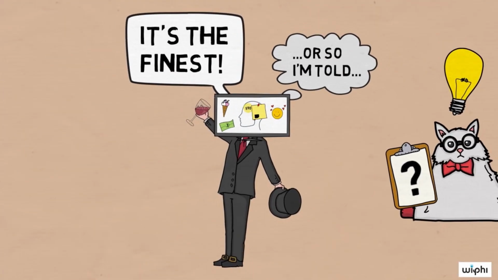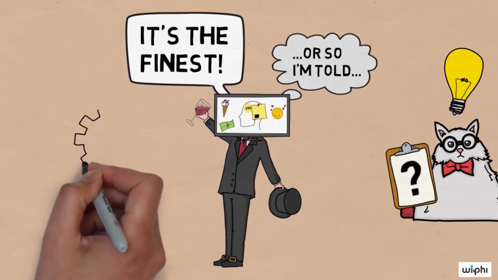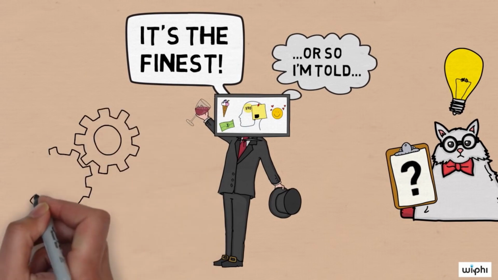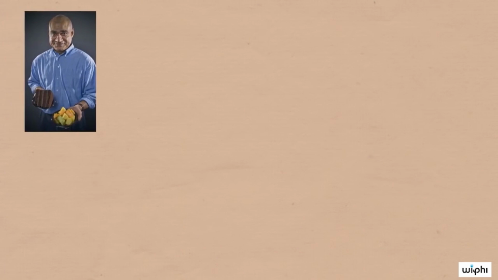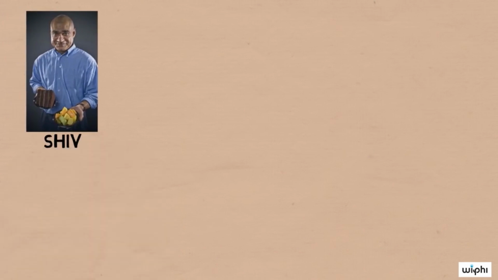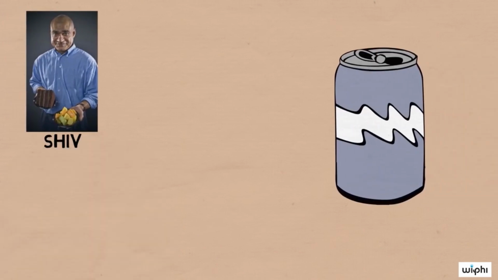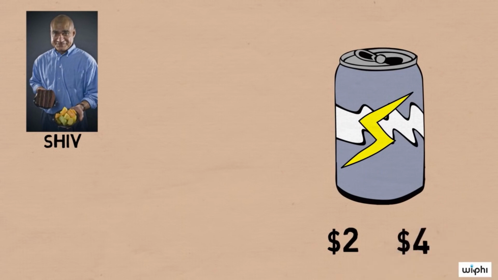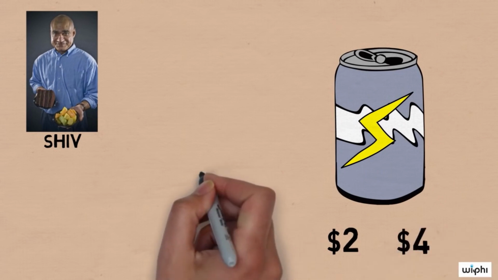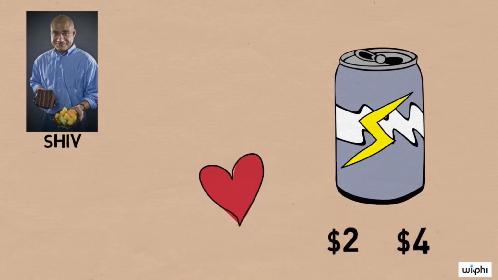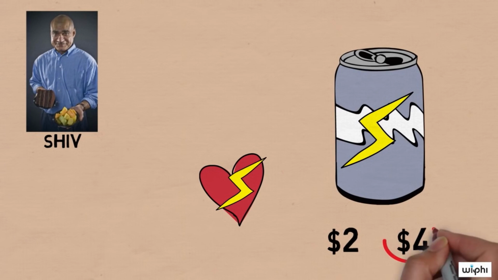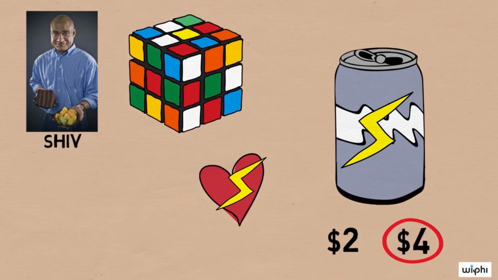But arbitrarily higher prices don't just affect what we like. They can also affect how well a given product works. The behavioral economist Baba Shiv and his colleagues let people pay different amounts for an energy drink, and then tested how those drinks worked. Did they make people more or less energized? Shiv and his colleagues found that people reported feeling more energized after drinking the very same energy drink with a higher price tag. But they also did better on a set of mental acuity puzzles.